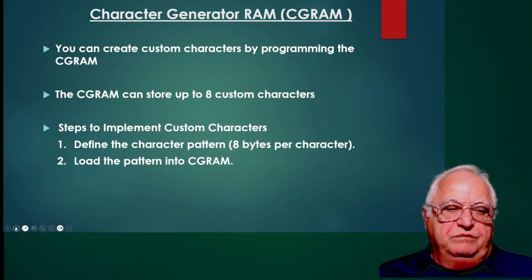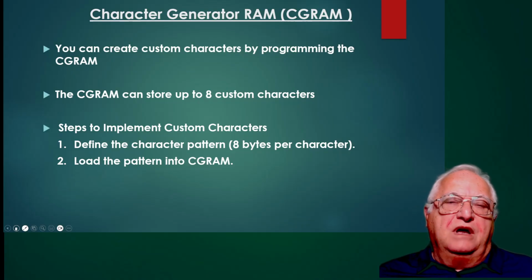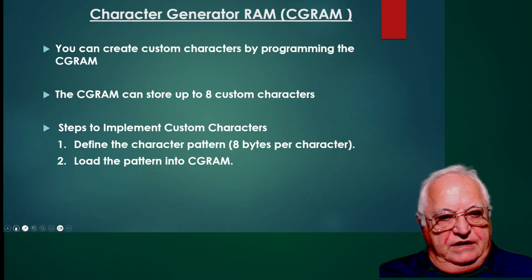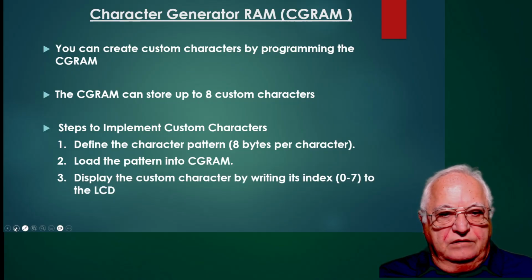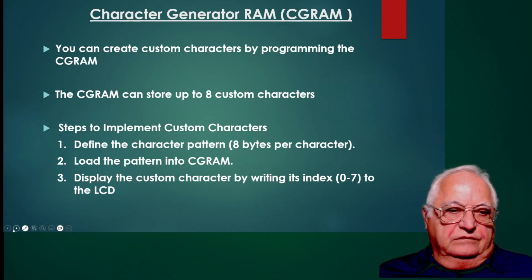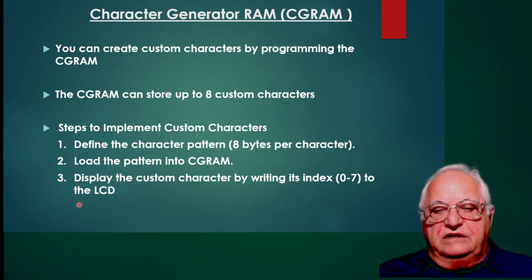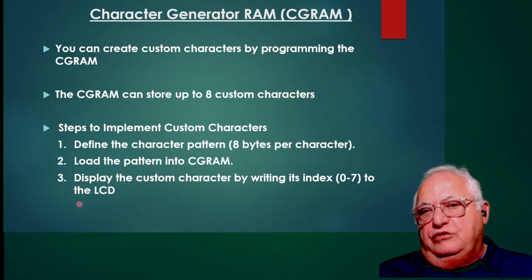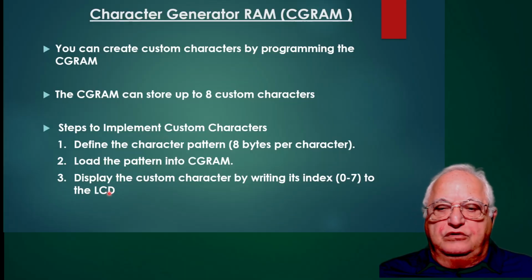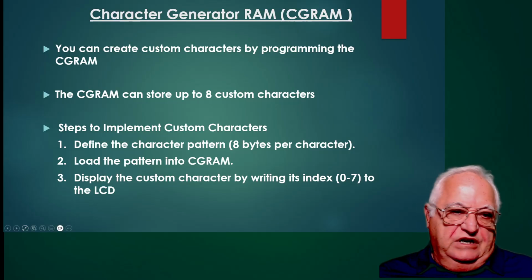So you have to transmit that parameter from your microcontroller to the display. Then to display the custom character, you have to write to the position where you stored it. The position is going to be between 0 and 7.